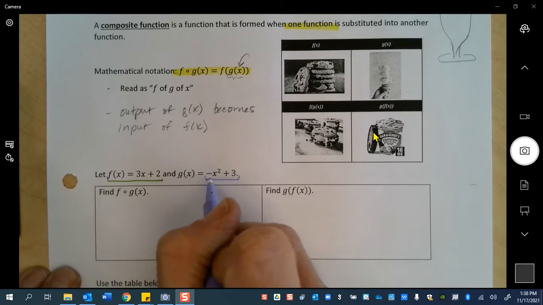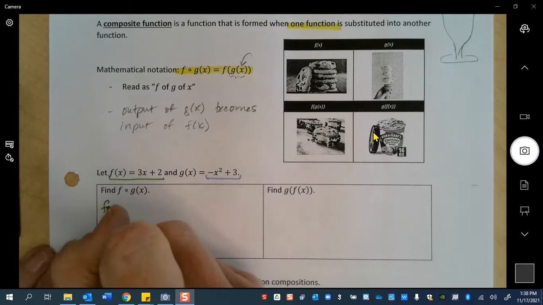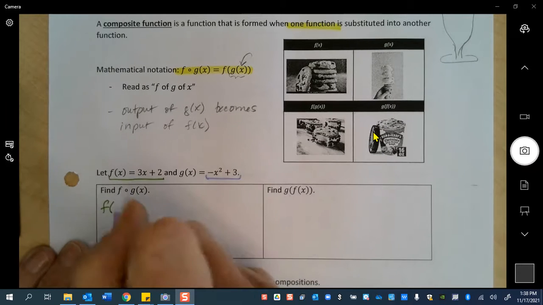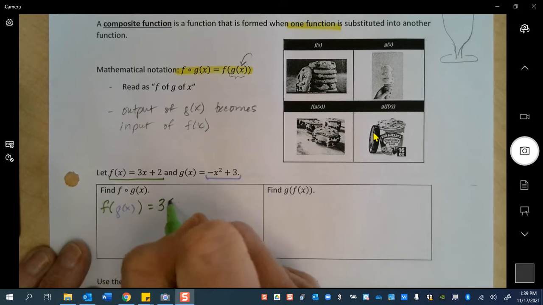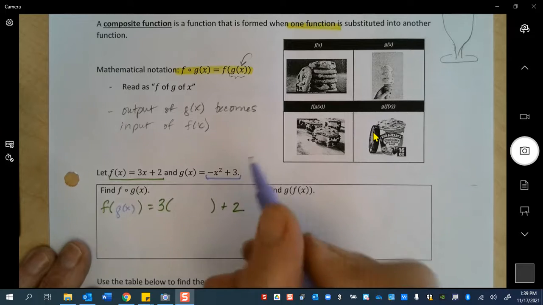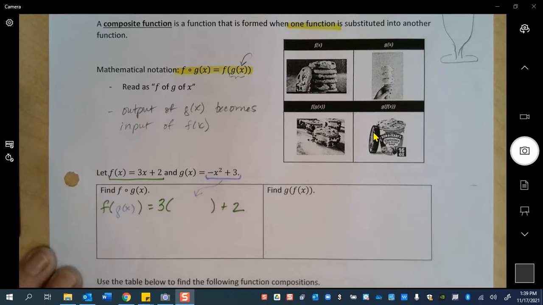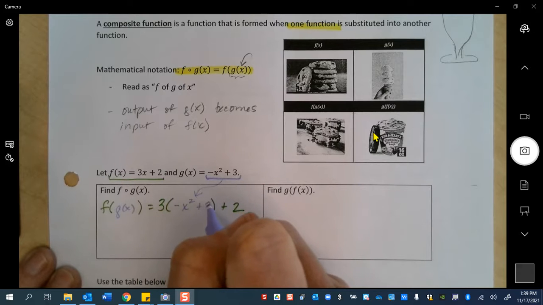So when I'm talking about f of g of x, when we teach this in Algebra 2, we start with f of, and then we switch color pens, g of x, and we make sure that they understand that this 3 and then this input is going to be g of x, the opposite of x squared plus 3.